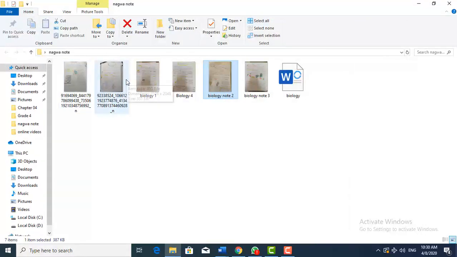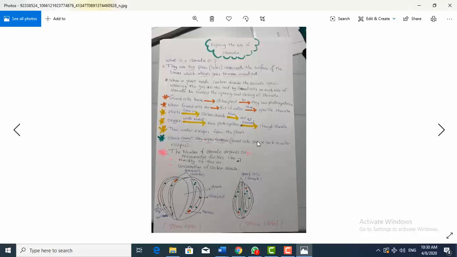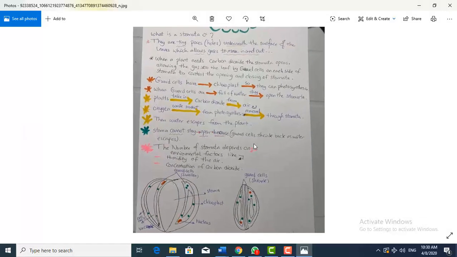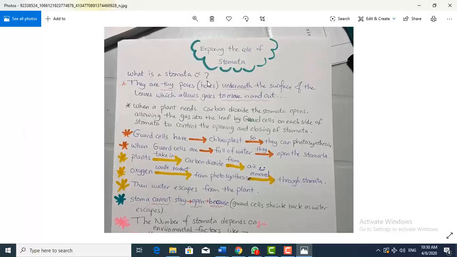Let's move to the second one, which is exploring the role of stomata. Okay, what is a stomata first? When you take a leaf and you cut it and you put it under the microscope, what would you see?